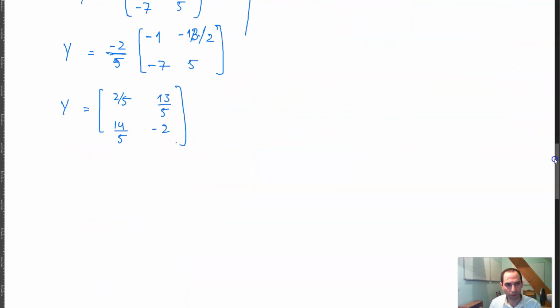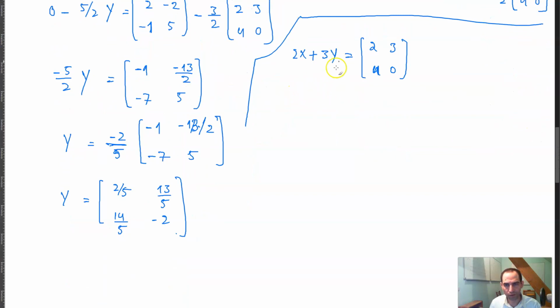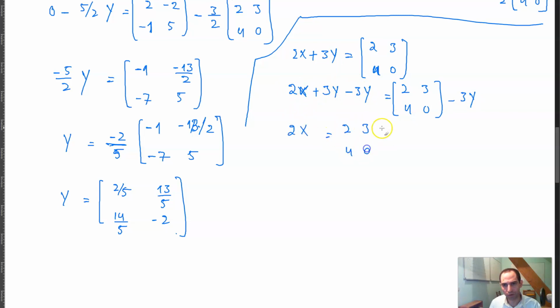And y is this, so I can write 2x plus 3y minus 3y is equal to 2340 minus 3y, and this becomes O, and 2x plus O is equal to 2x, so 2x is equal to 2340 minus 3y, and y is equal to this, and then x is equal to this times 1/2.